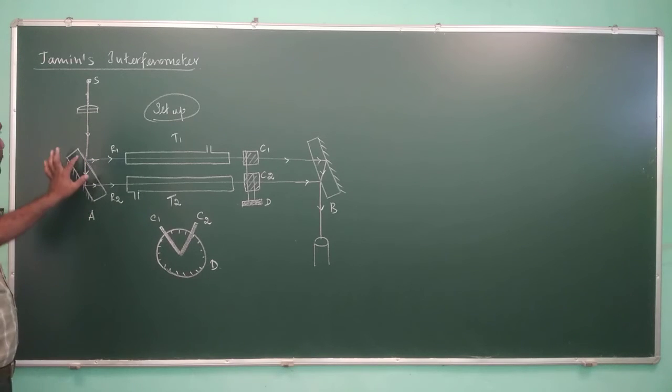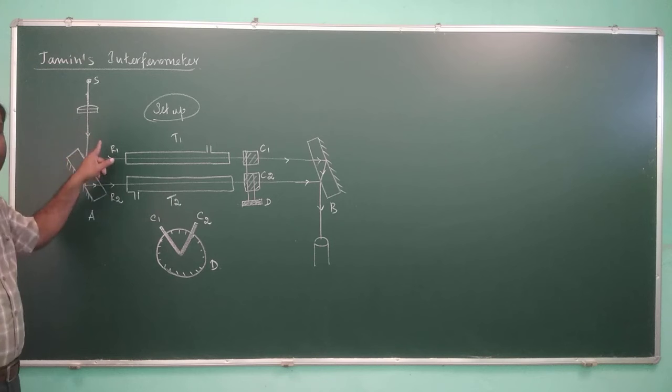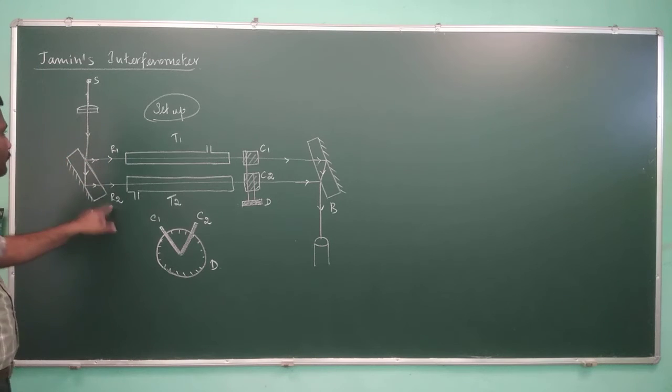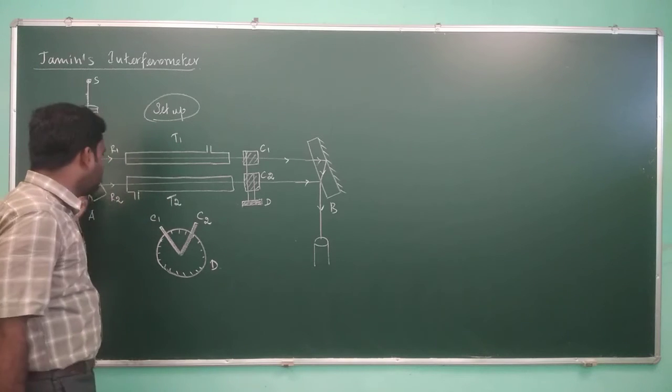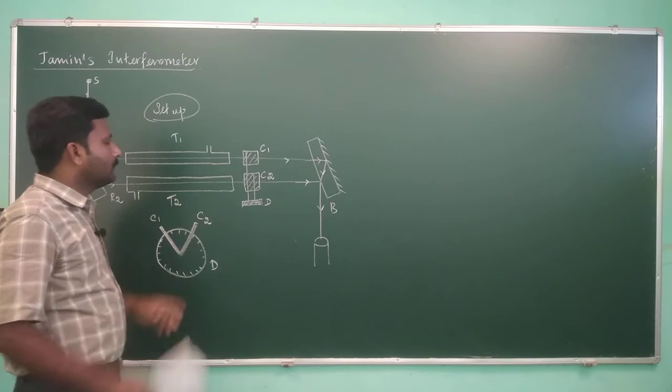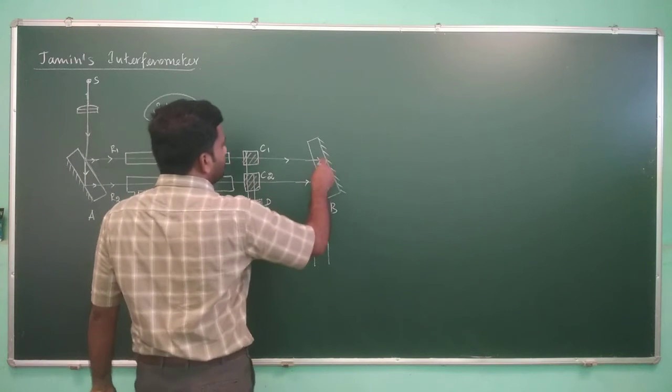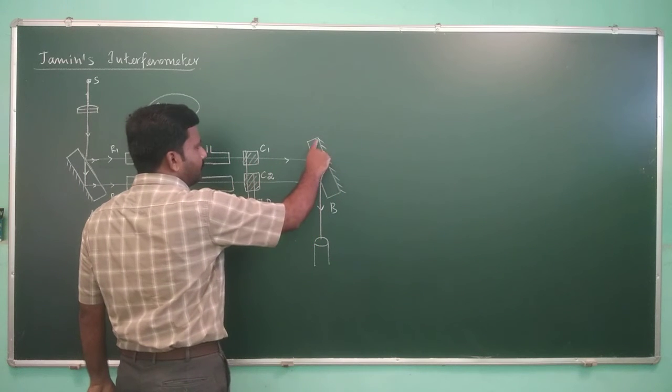Because it travels into the plate and gets reflected back, a path difference is created between ray 1 and ray 2. Ray 1 passes through tube 1, ray 2 passes through tube 2, and both are again reflected in the second plate.